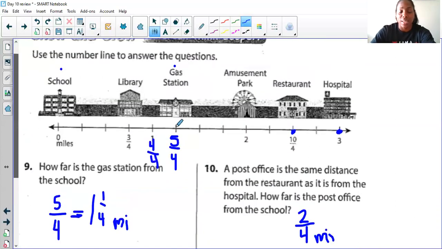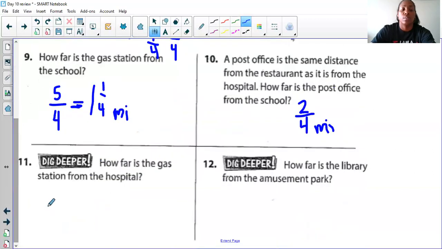So here's the gas station, and there's the hospital. And I want you to count the fourths and tell me how many fourths it is away. So 1, 2, 3, 4, 5, 6, 7 fourths.